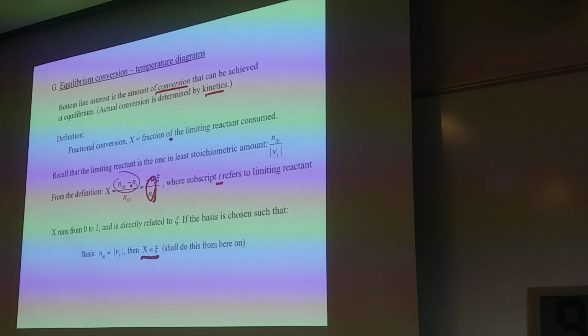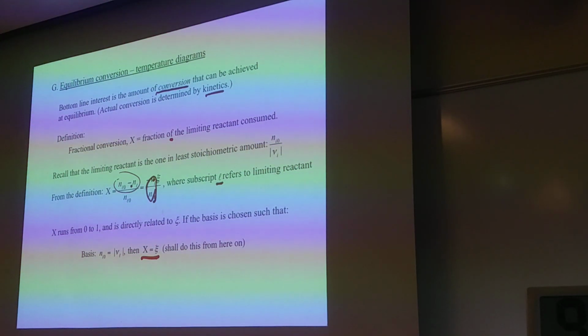So if I have in a reaction a stoichiometric coefficient here, let's say -2, then I will choose as my basis an initial value here of -2 moles. And then everything else is proportioned accordingly. And if I do that, which I'm going to do from now on, then xi is equal to X. And so now xi runs from 0 to 1 in this case. But what we're looking at here is this conversion. Everyone clear on this?